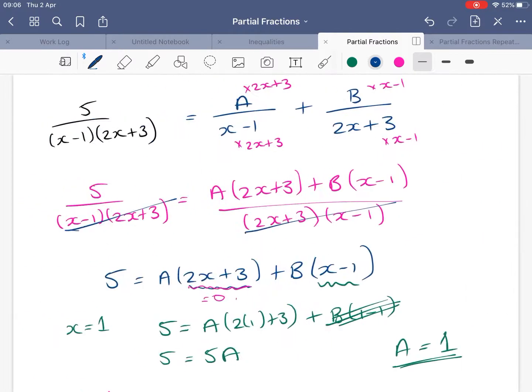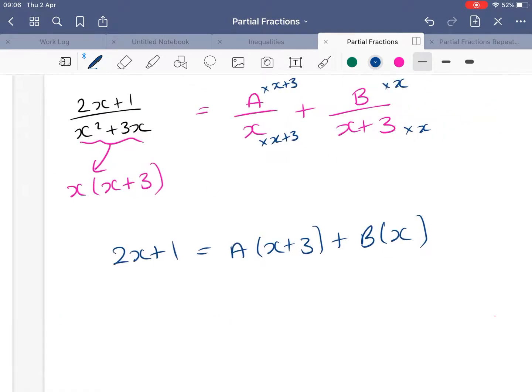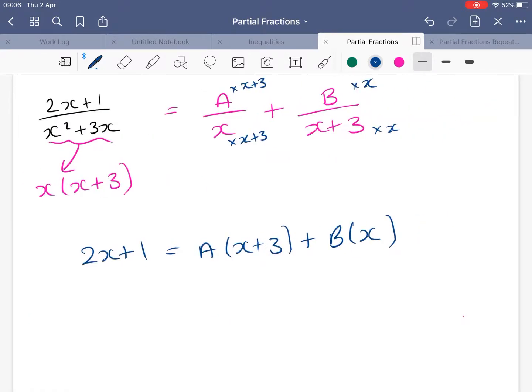So as here, I knew at this point I was going to eliminate these two denominators. When you get a bit faster, you realise you don't have to write that stage in. You can just write that 2x plus 1 is a times x plus 3 plus b times x.